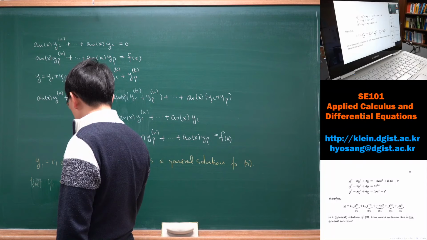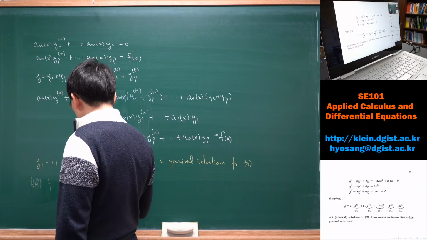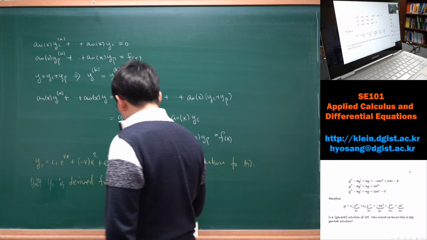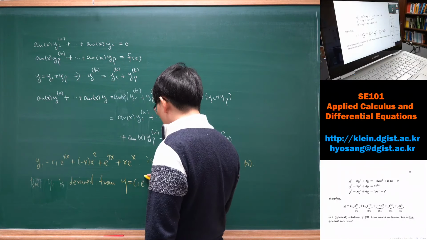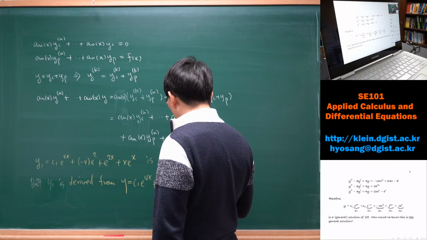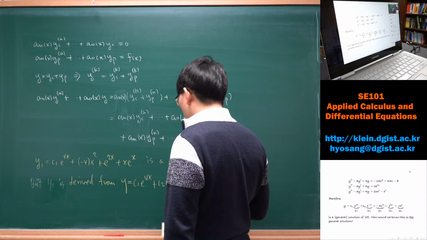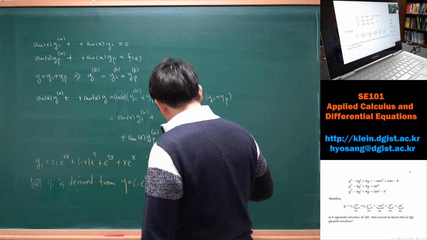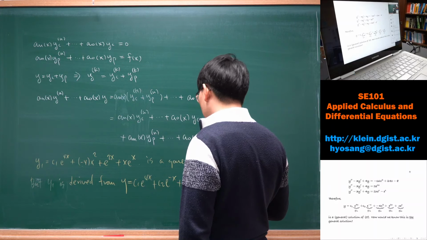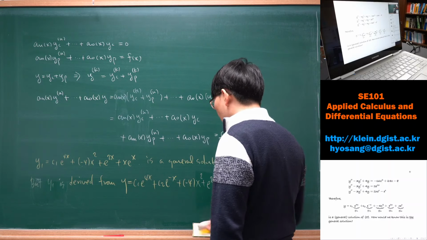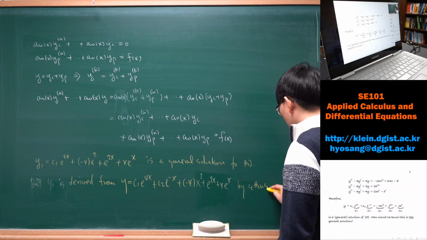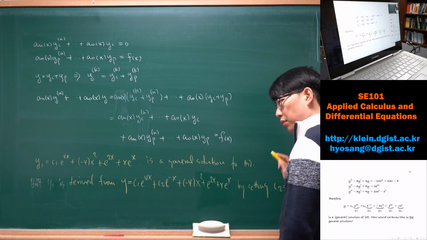But y1 is derived from a more general solution, which is c1 e^(4x) plus c2 e^(-x) minus 4x^2 plus e^(2x) plus x e^x, by setting c2 simply to 0.